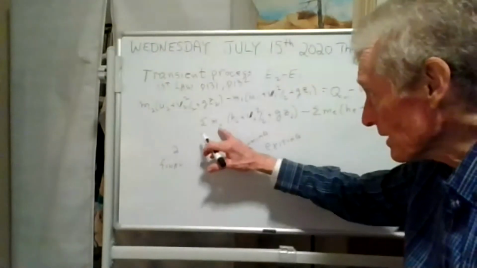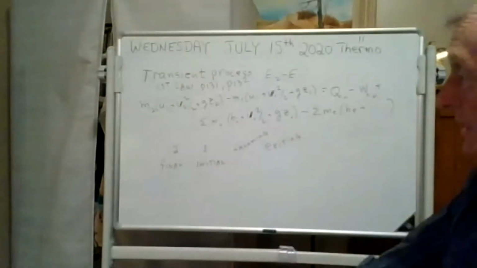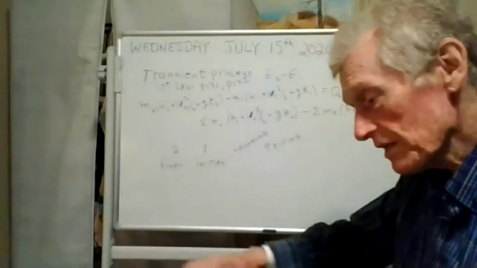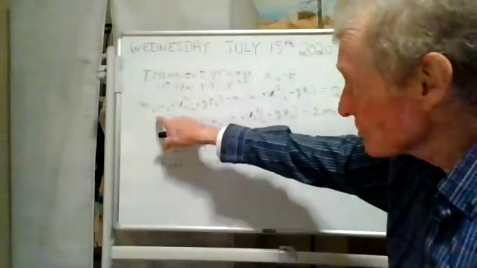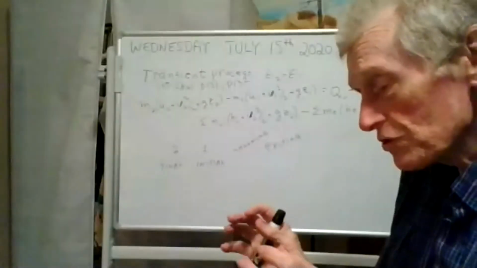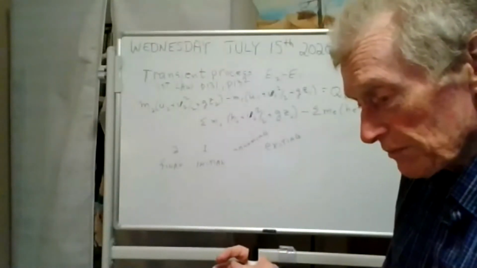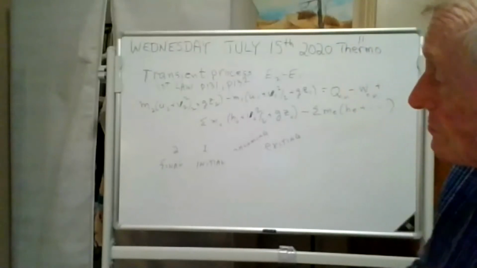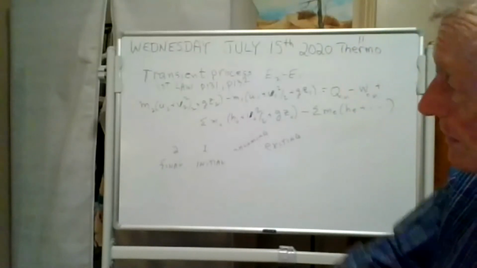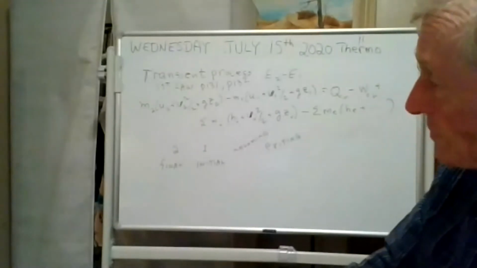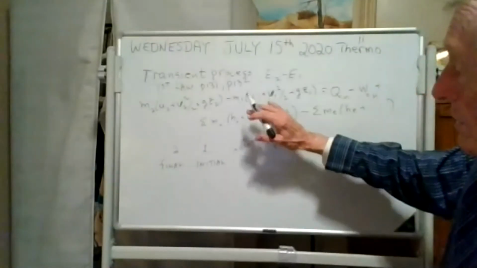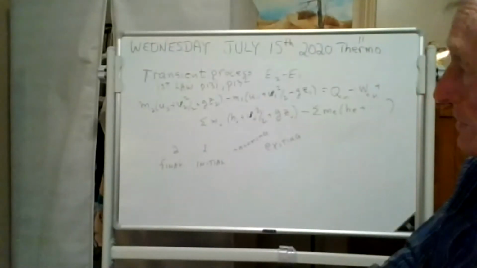It's incoming, and the E is exiting, it's leaving. Whereas the 2 and the 1, that's what you've got inside your system at the end of the process, and the 1 is at the beginning of the process.